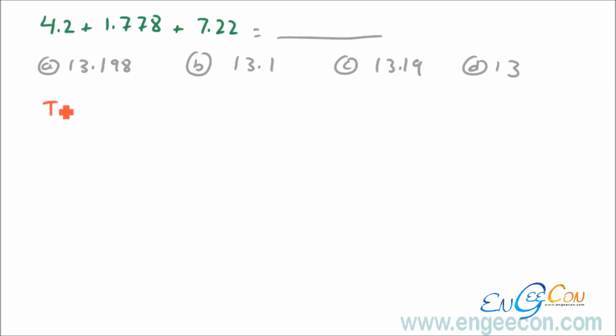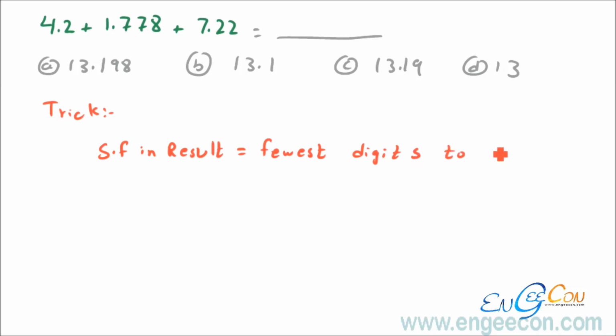So here is a trick that the significant figures in the result will be equal to the fewest digits to the right of the decimal point.